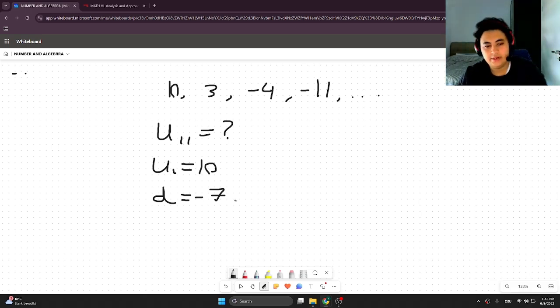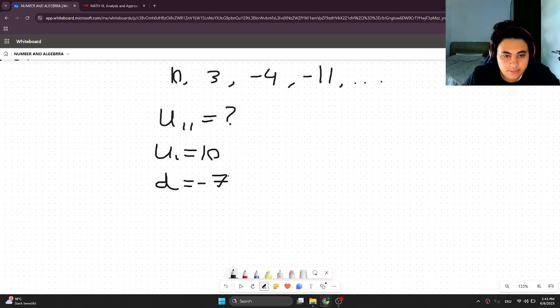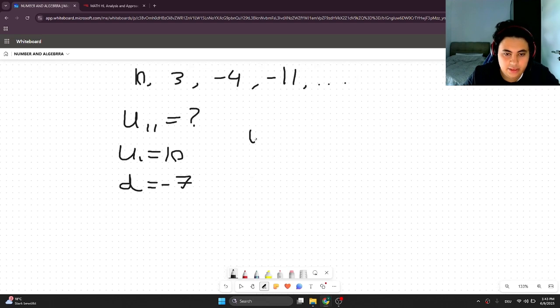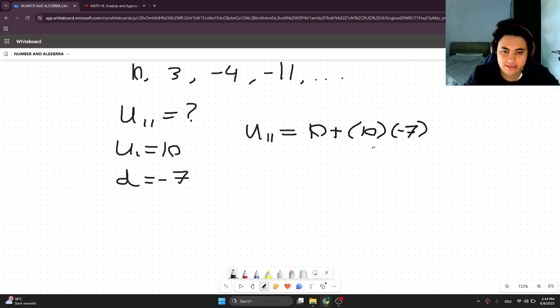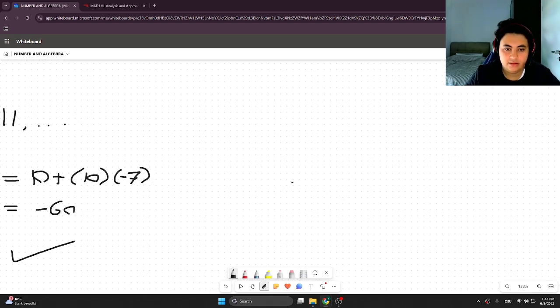Okay, so negative 7. Now, let's just find U11. U11 is equal to 10 plus (11 minus 1), which is 10, multiplied by negative 7, which is going to be negative 70. So U11 is equal to negative 70 plus 10, which is negative 60. That is correct. Okay, good.